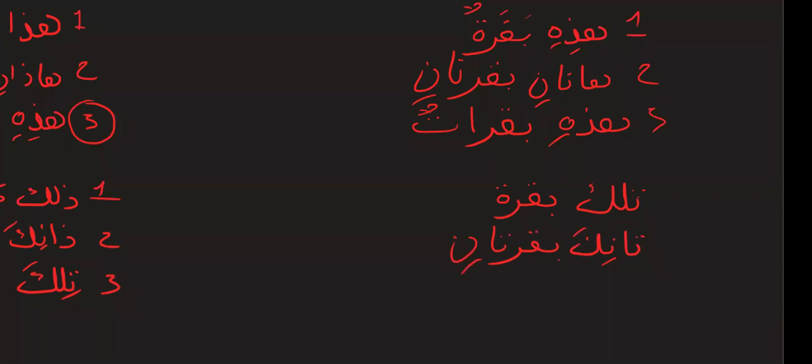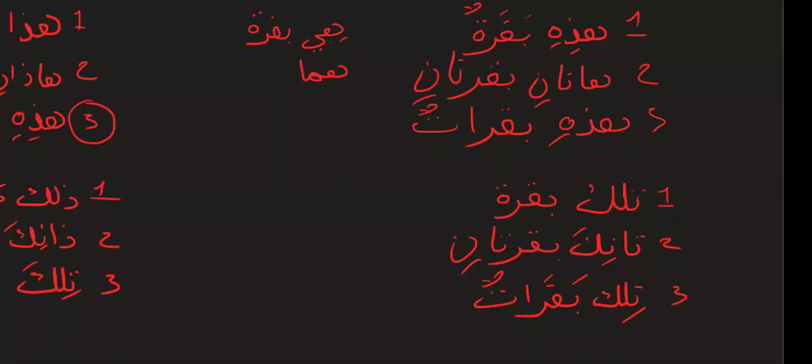And then how do we say those are cows for plural? Again, we just use تلك because it's غير عاقل, non-intellect. So we say تلك بقرات. And then we say هي بقرة, so it is a cow.